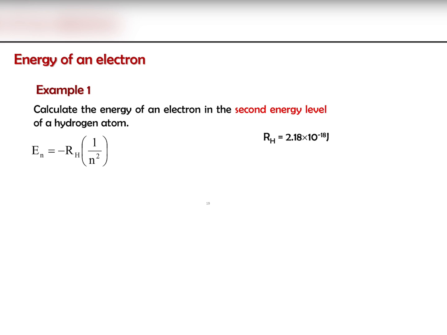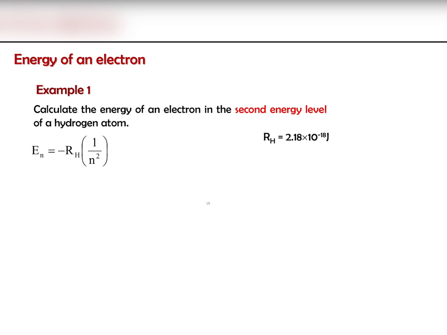Let's have a look at this example. So calculate the energy of an electron in the second energy level of hydrogen atom. So ini soalan dia minta specific energy at n equals to 2 berapa. Okay, so kita kena guna the first formula, En equals to negative Rydberg constant 1 over n to the power of 2.